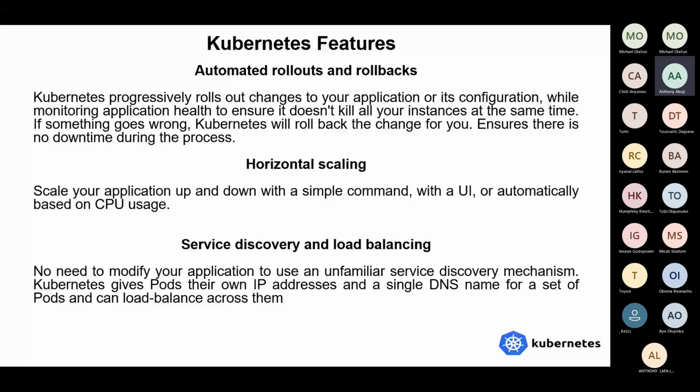Next, we have horizontal scaling as a characteristic of Kubernetes. What it does for us is that it scales your application up and down, like I explained before, based on your CPU usage and whatever resource limits you give it.